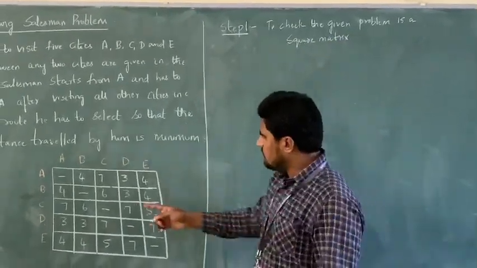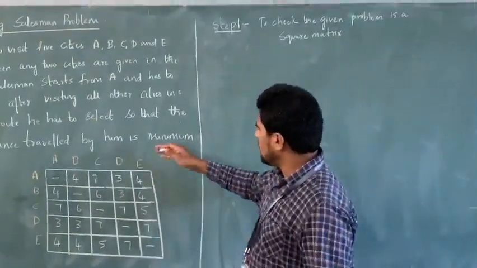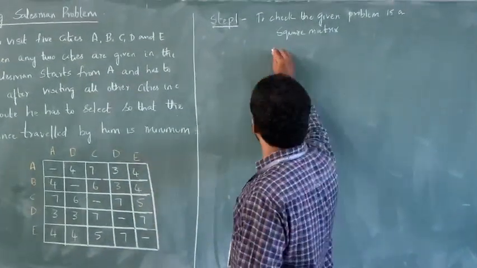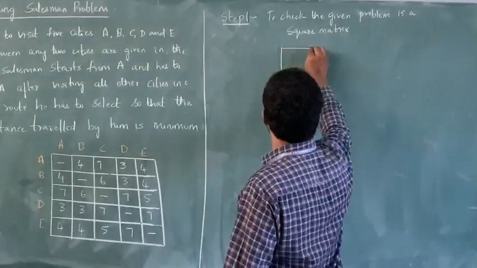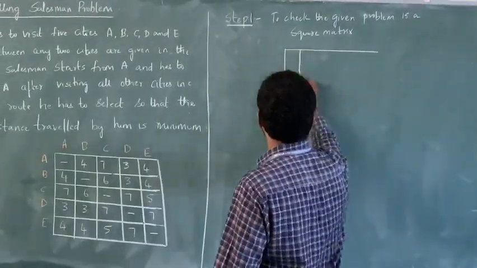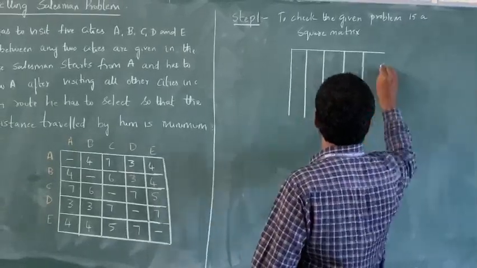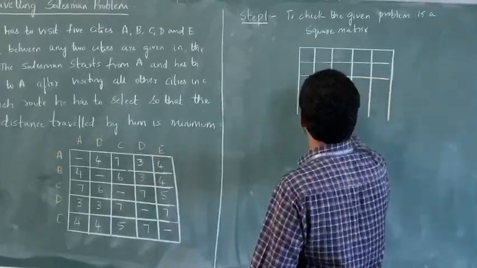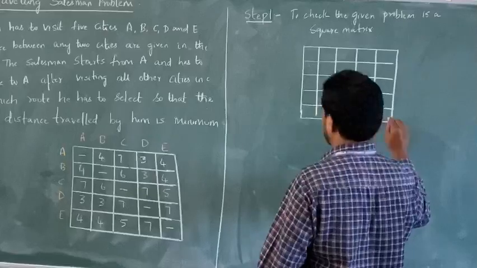Anyway, it is a square matrix. It is a 5 cross 5 matrix, correct? Now I will just redraw the same table. 1, 2, 3, 4 and 5, and 1, 2, 3, 4 and 5.